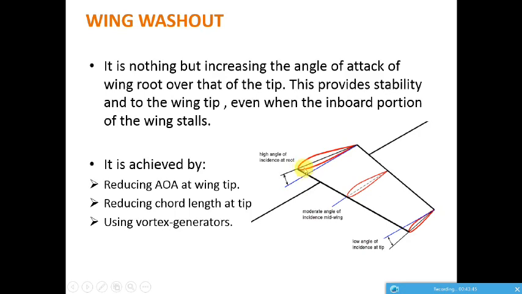Since the angle of incidence at the root is more than that at the tip, during a stall the root of the wing stalls first, but the tip doesn't stall. The ailerons are placed near the tip, and this section of the wing doesn't stall suddenly when compared to the root, so that you can have controllability on the aircraft roll even during a stall.